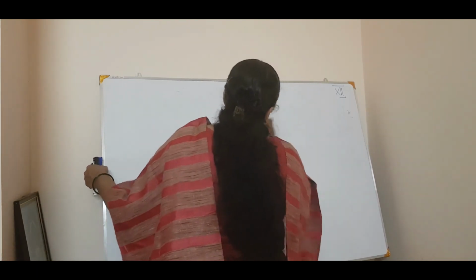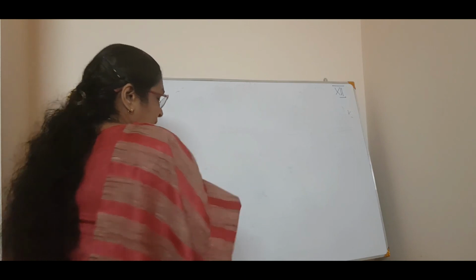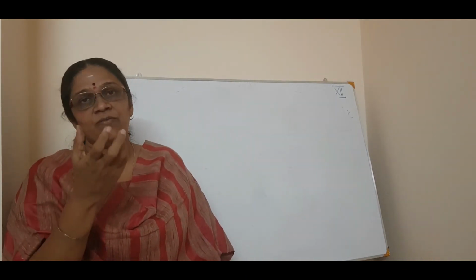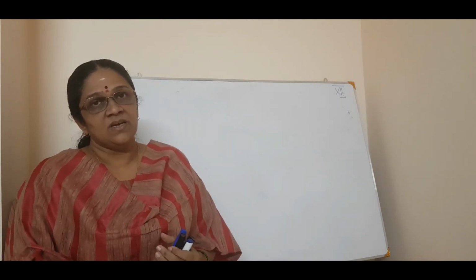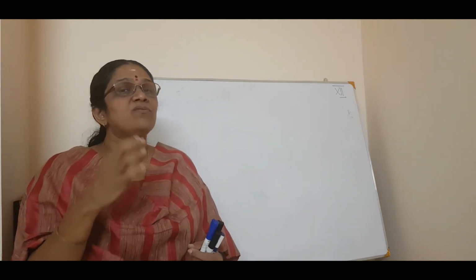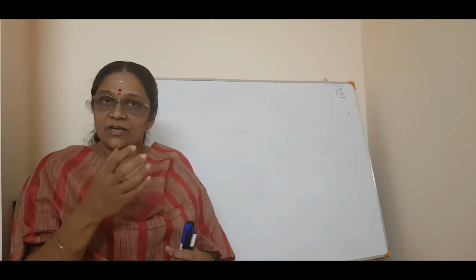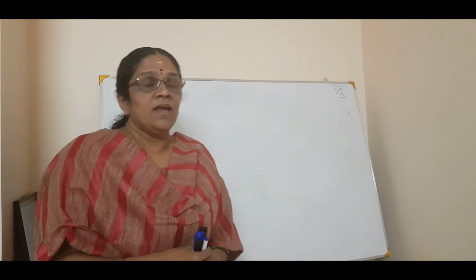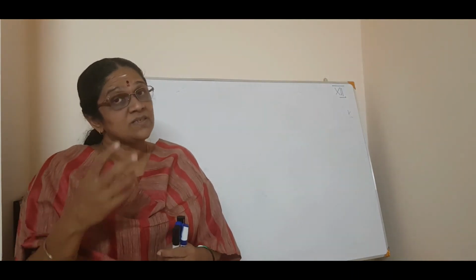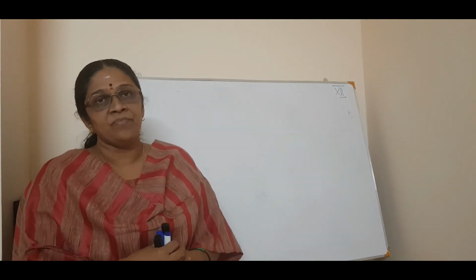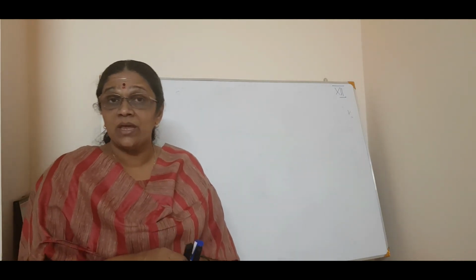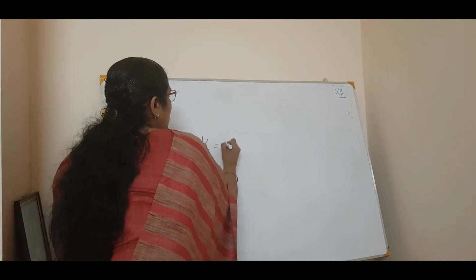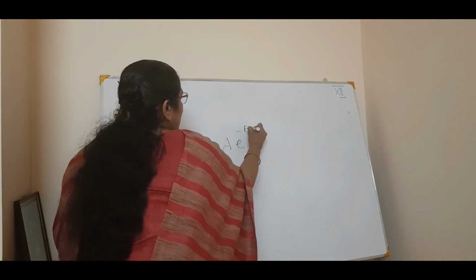Now before completing this topic or this session, I will say just 2-3 concepts of temperature. You don't have to study this, but still you have to know that. The effect of temperature on the rate of reaction: a scientist called Arrhenius gave a famous equation, K is equal to A into e raised to minus Ea by RT.